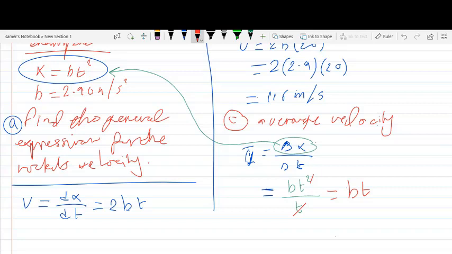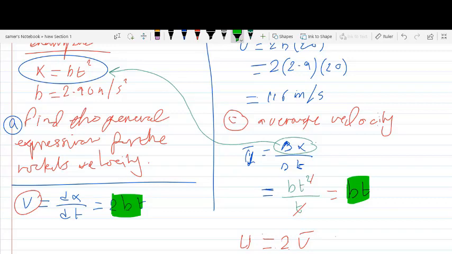We can notice here that the instantaneous velocity v is equal to 2 v average, because v average is bt and v instantaneous is 2bt. So the instantaneous velocity is twice the average velocity.